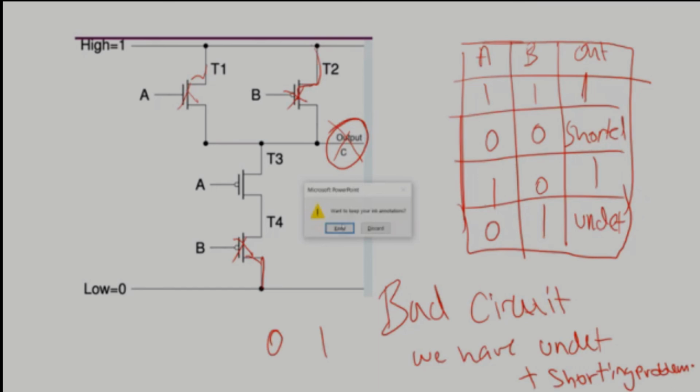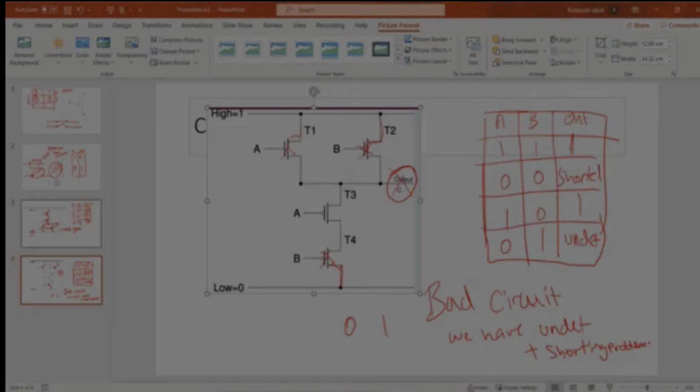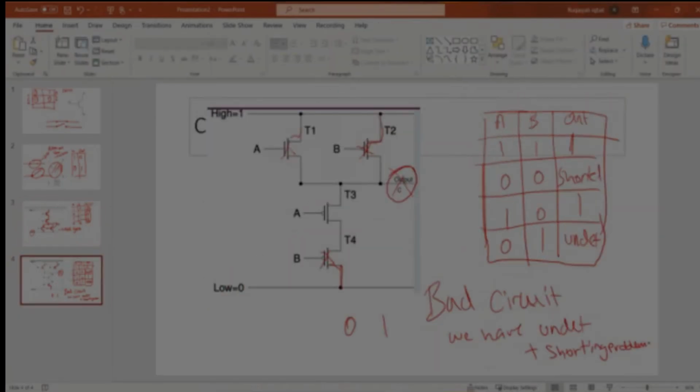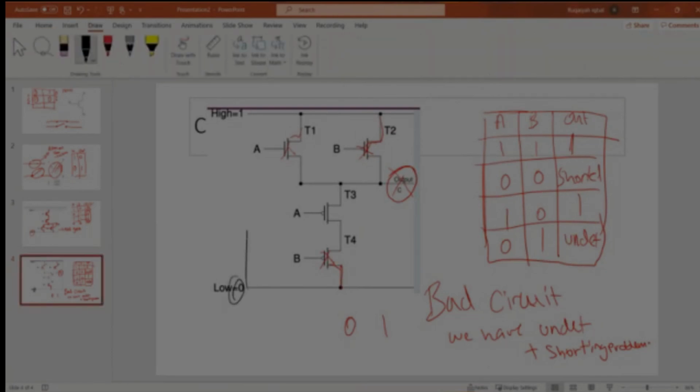The short is when we have a voltage coming in from the bottom and we have a voltage coming in from here. So we have 2 voltages for 1 output. And that's what equals a short. So a short is essentially when you blow a fuse.